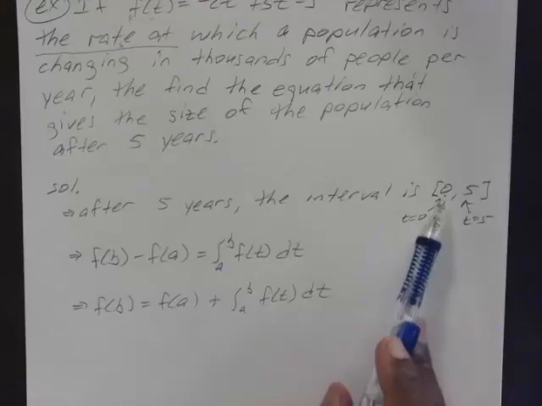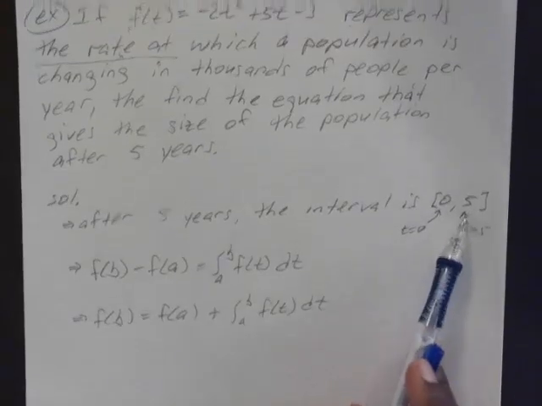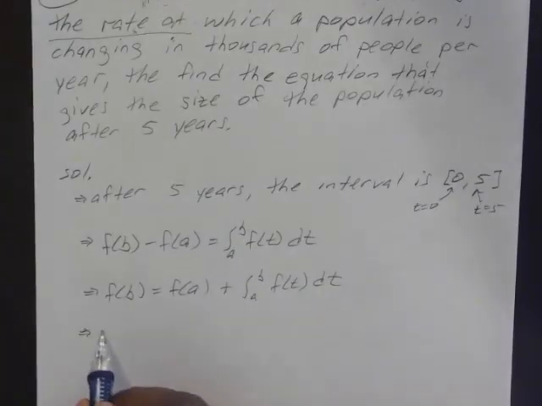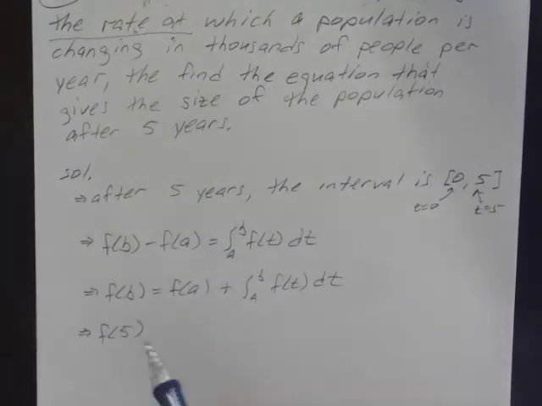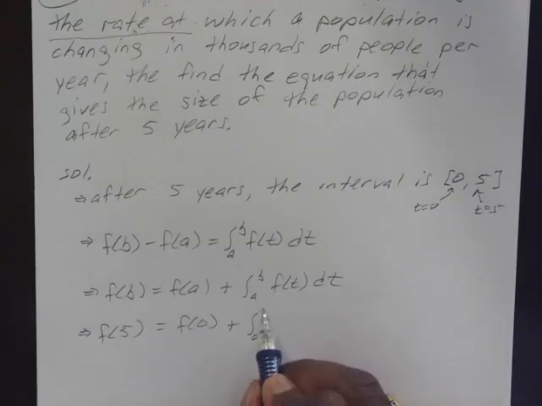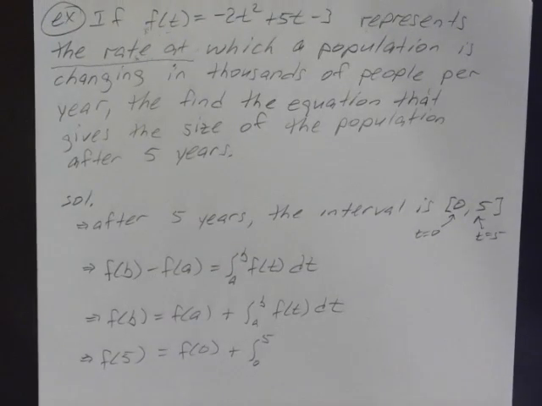And if we plug in our a and b and our f of t, we just end up with f of 5 is equal to f of 0 plus the integral from 0 to 5 of your velocity function, negative 2t squared plus 5t minus 3 with respect to t.